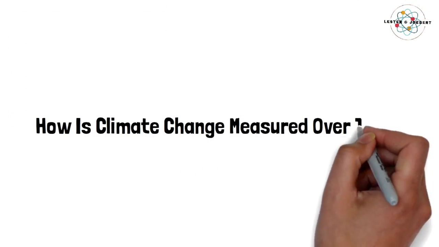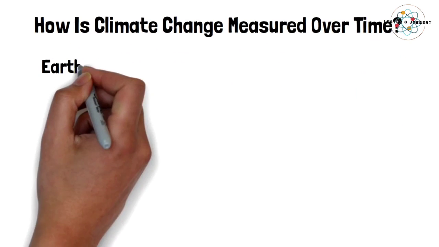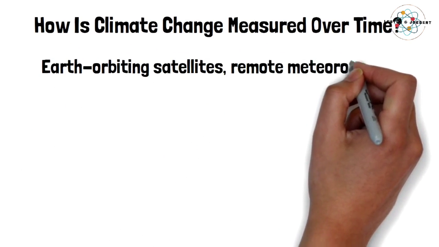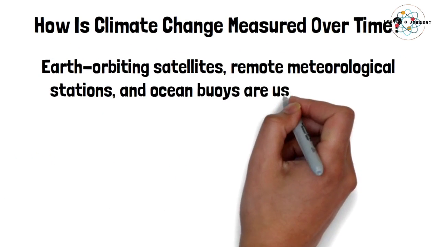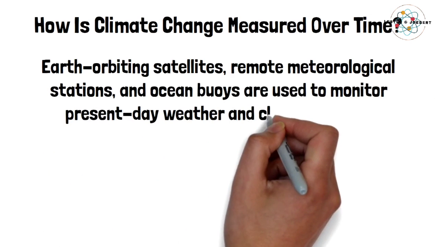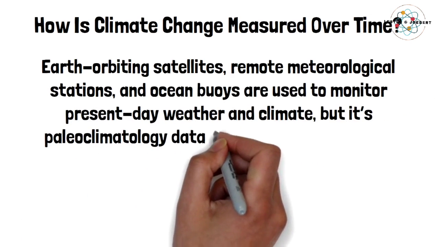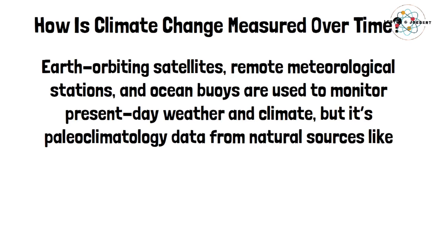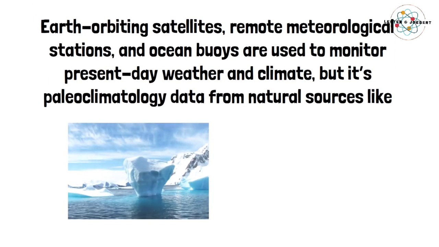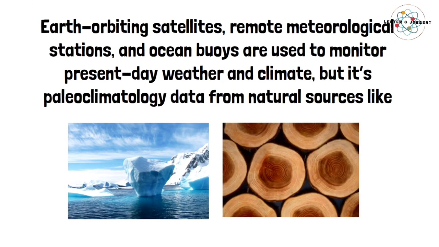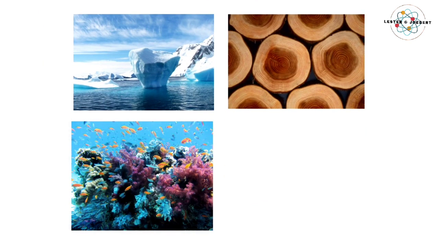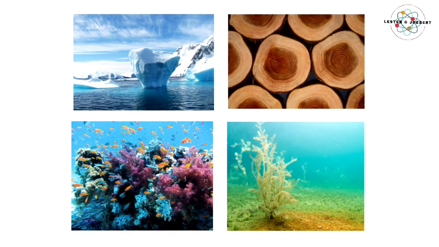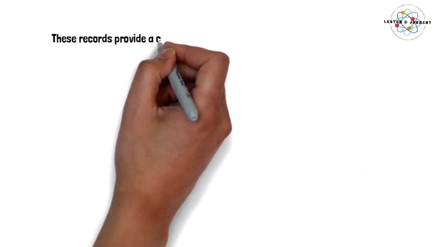But how is climate change measured over time? Earth-orbiting satellites, remote meteorological stations, and ocean buoys are used to monitor present-day weather and climate, but it's paleoclimatology data from natural sources like ice cores, tree rings, corals, and ocean and lake sediments that have enabled scientists to extend the Earth's climatic records back millions of years.